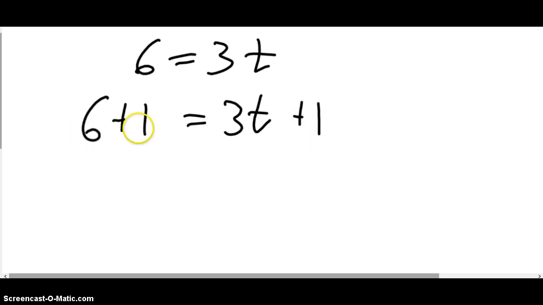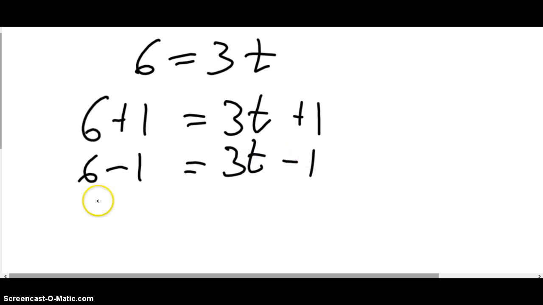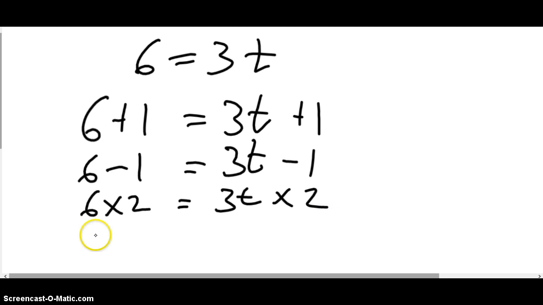So 6 plus 1 equals 3t plus 1. If he subtracts 1, he does the same over here, 3t minus 1. And if you're going to multiply, so say 6 times 2, you're going to have to do the same thing over here, 3t times 2. And what if we divide? What do you think? Yep, same thing.